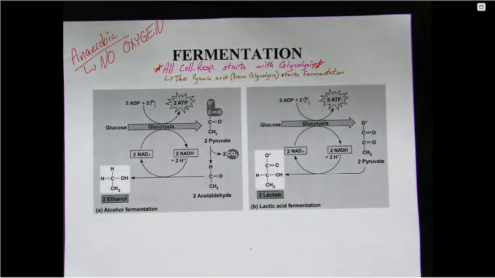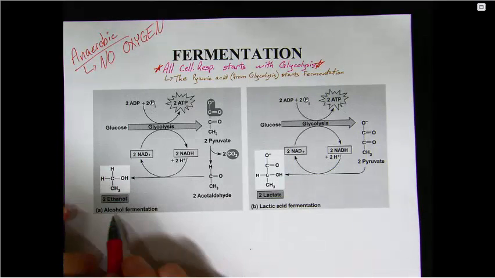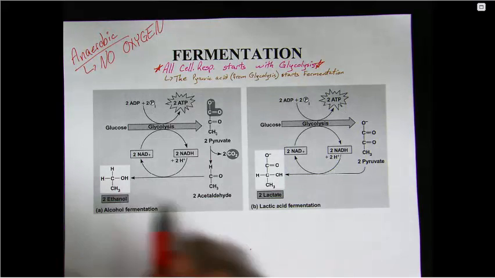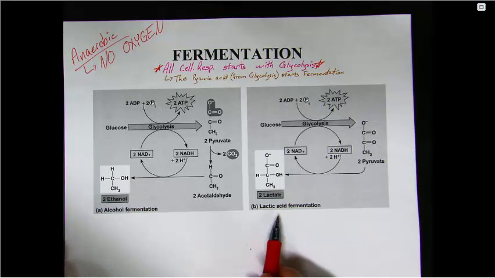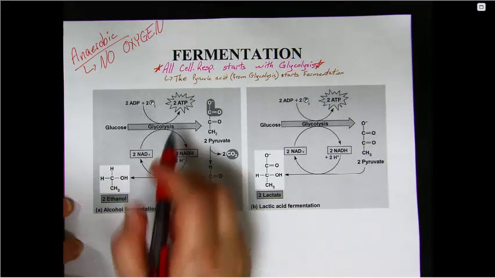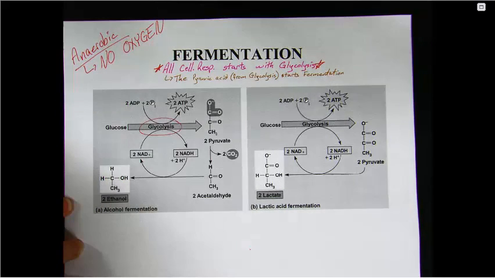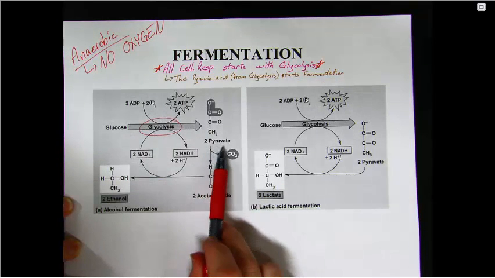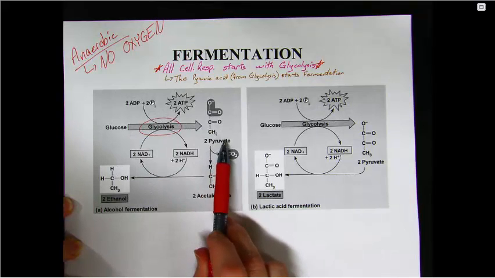So let's walk through the two types of fermentation. On the left, we have alcoholic fermentation, and on the right, we have lactic acid fermentation. Let's start with alcoholic fermentation. Again, remember, we're starting with glycolysis, and at the end of glycolysis, we produce pyruvate or pyruvic acid.